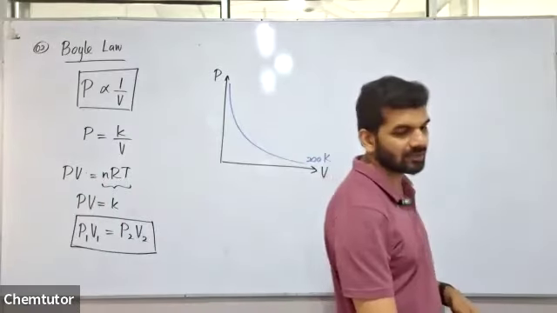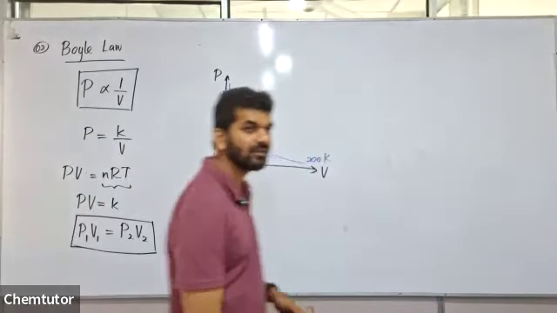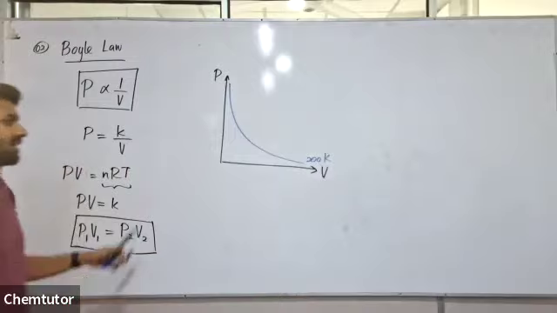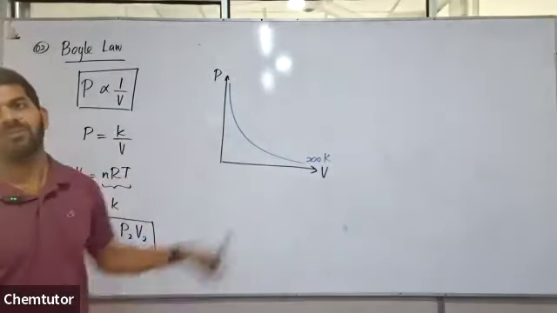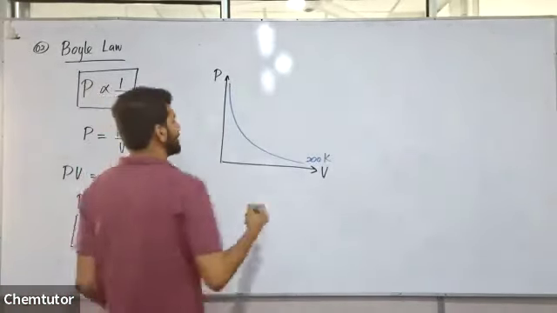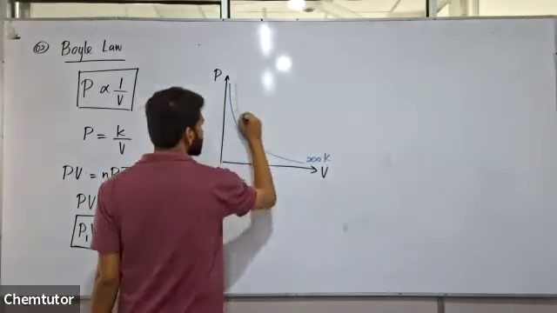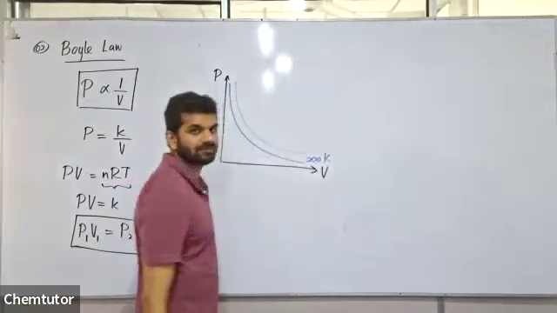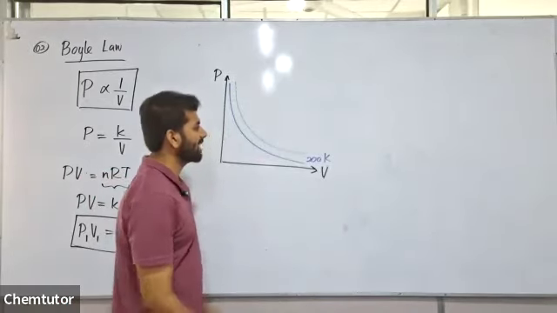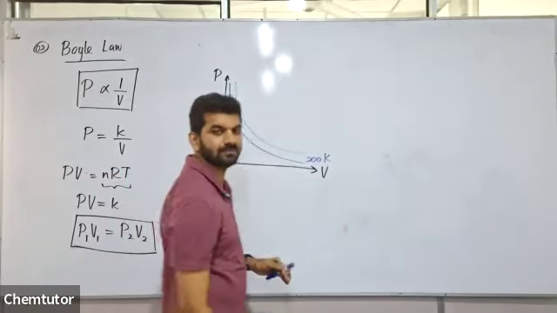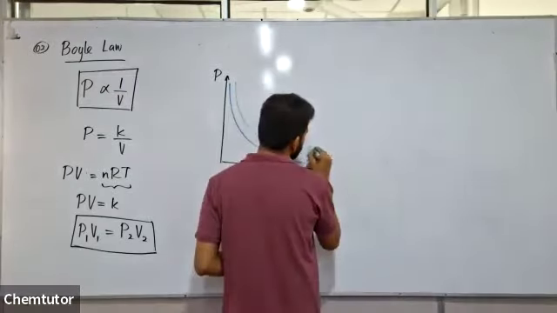Right. Then if we increase the temperature, here the temperature is constant throughout at 200. If we increase the temperature, the shape of the curve will not change, but it will shift. So let's say that is 400 Kelvin.